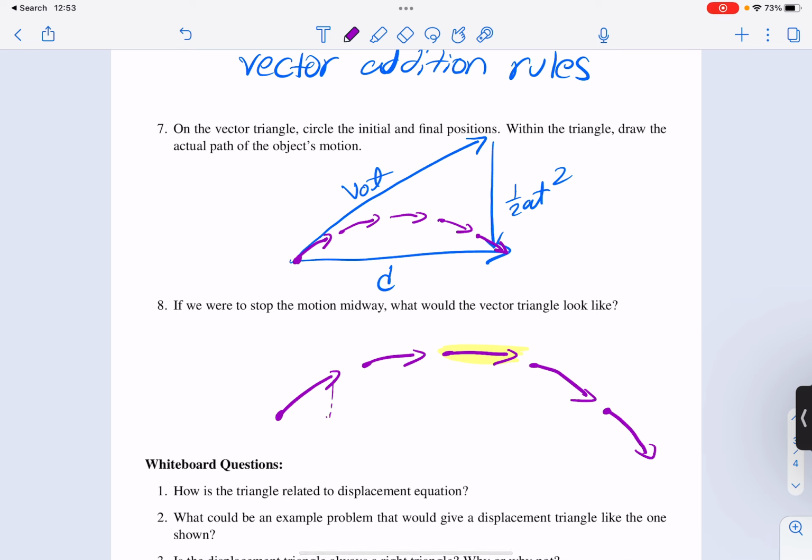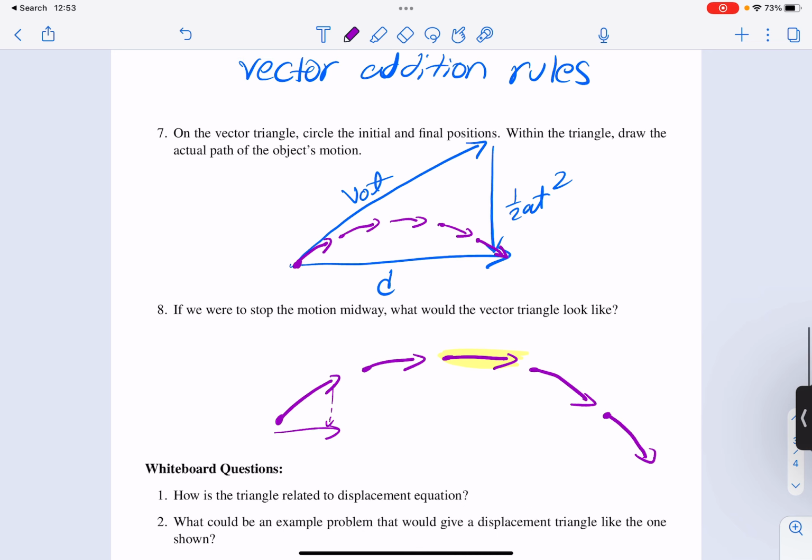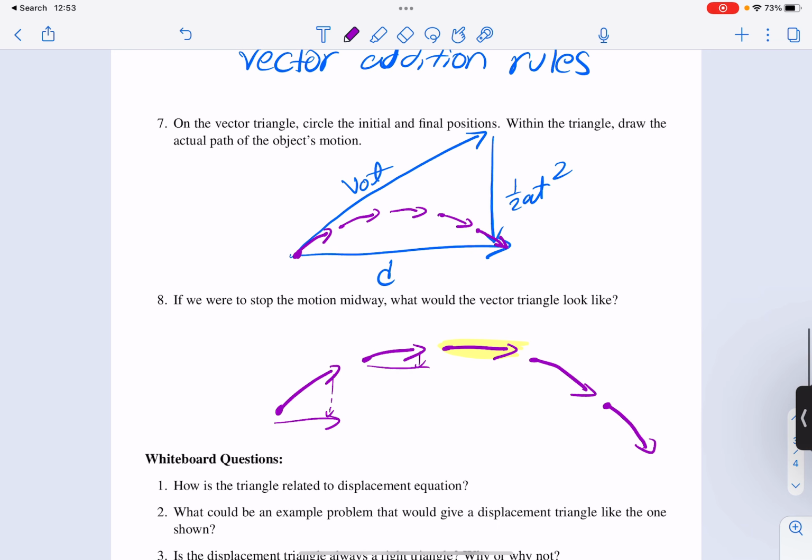Every single one of these has acceleration downward, right? This one is this way, displacement, right? So every single one of these is a vector. Every single one of these is a vector of velocity. So it has an x and a y. So in this point, this would be the velocity in the y. This would be the velocity in the x. This would be the total velocity. And the same thing goes for all of these.